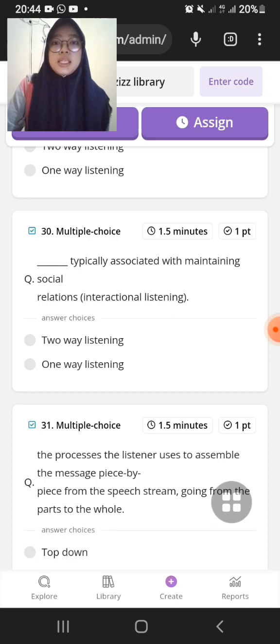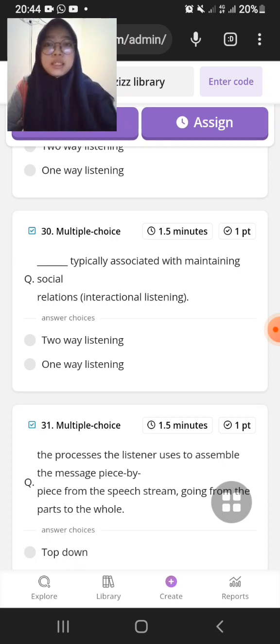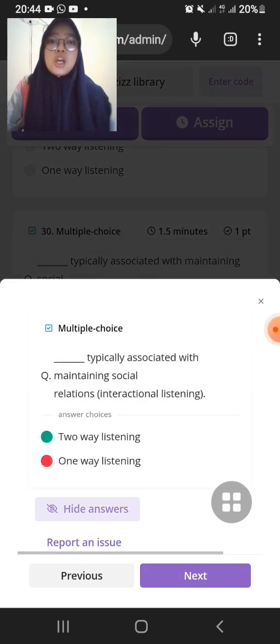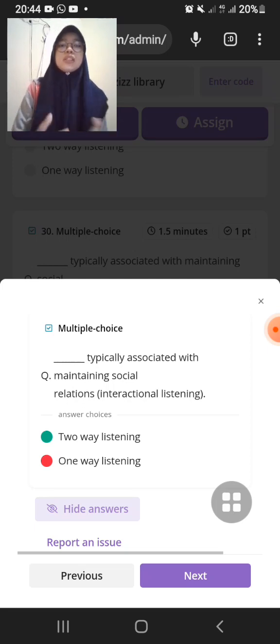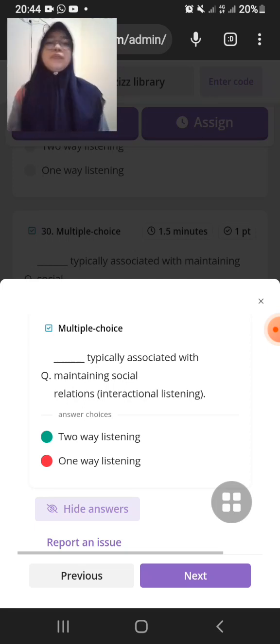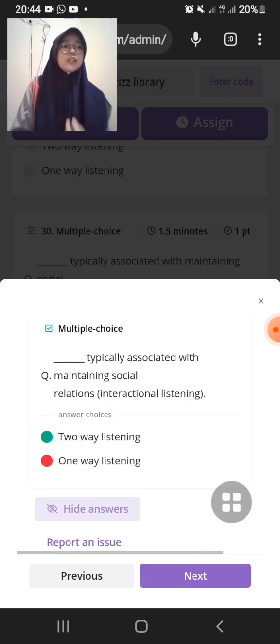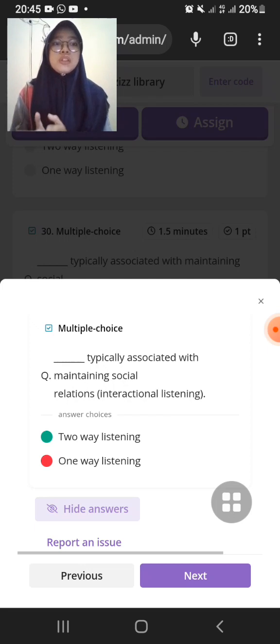Question number 30. Typically associated with maintaining social relations, interactional listening. The answer is two-way listening, because two-way listening refers to the listener's active involvement in a communicative situation where at least one other interlocutor is involved.